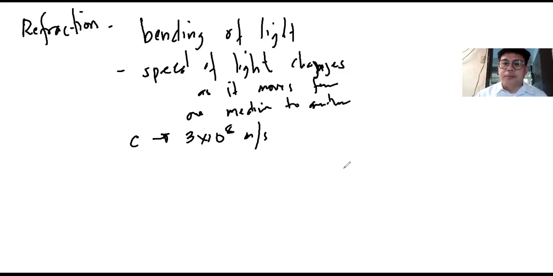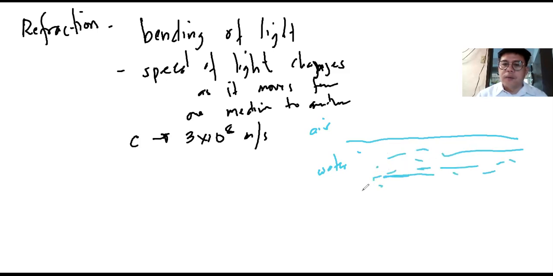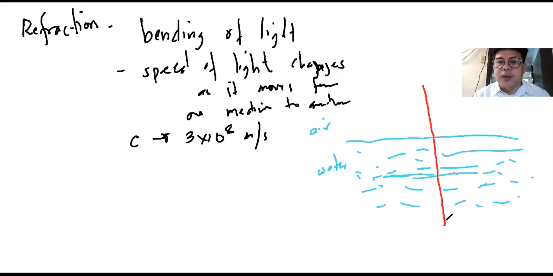Now, let's say, for example, we have here your medium. Let's divide this one. This could be your air here, and this is your water. Then let's put a normal line. The normal line must always be perpendicular to the boundary, just like in your mirror.